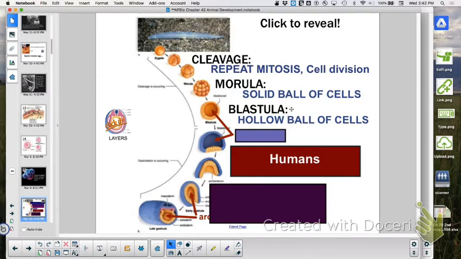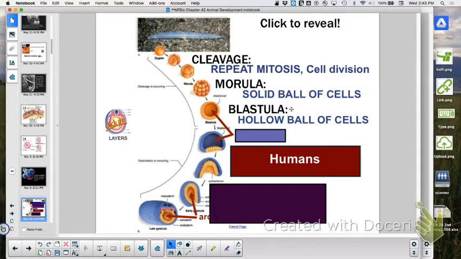Now, when you form your gastrula, the innermost cavity right here is called the archenteron. Say it. Archenteron. The archenteron, that innermost cavity in here, has an opening to it. That opening is called a blastopore. Say it. Blastopore. Now, if you are a protostome, like mollusks and spiders and bugs, that opening becomes your mouth.